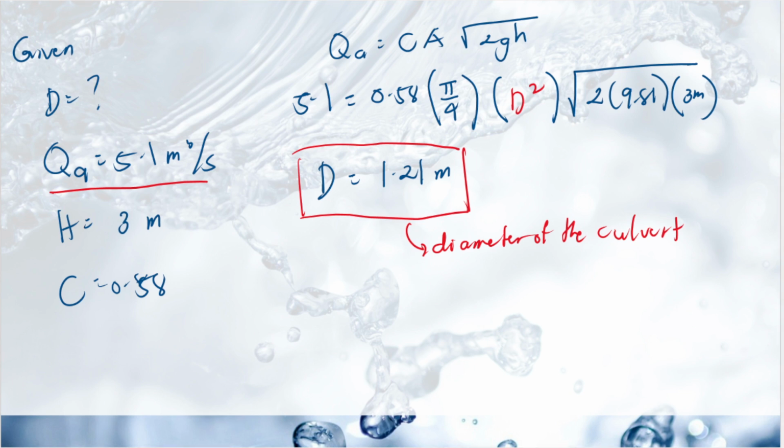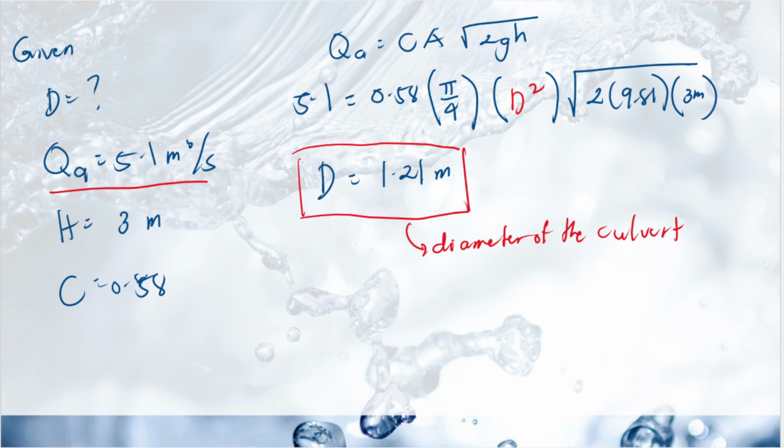Okay, if the problem requires you to find additional unknowns, for example, if we are asked for the theoretical velocity, we know how to compute it. Or if the coefficient of discharge is given, then we are asked for the coefficient of contraction.